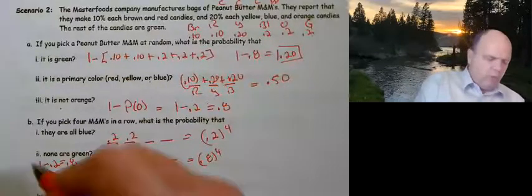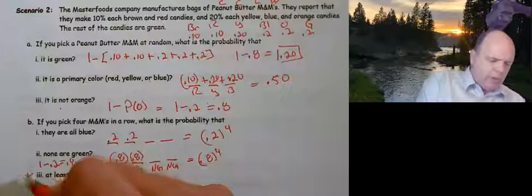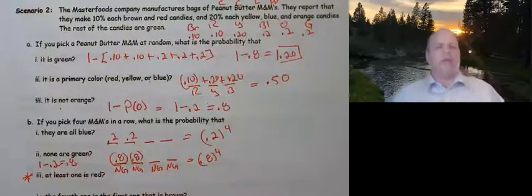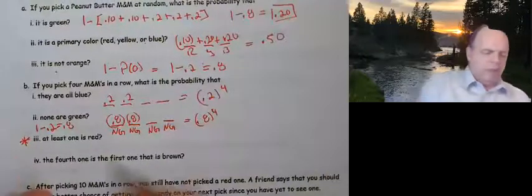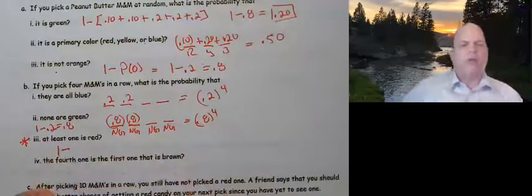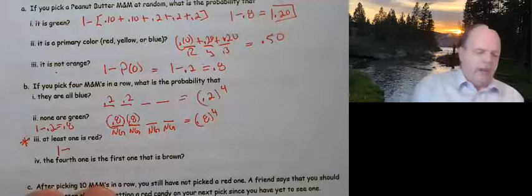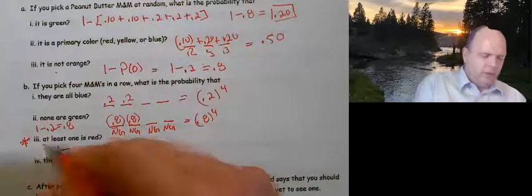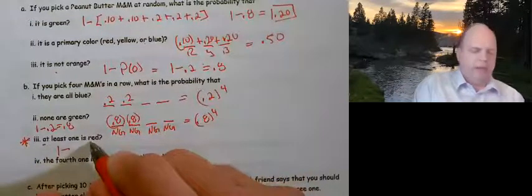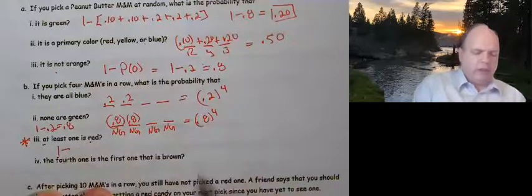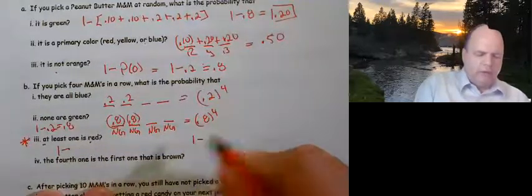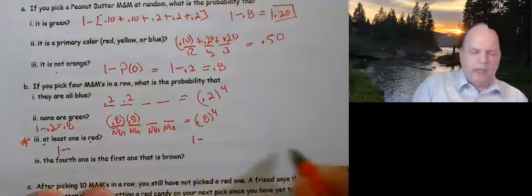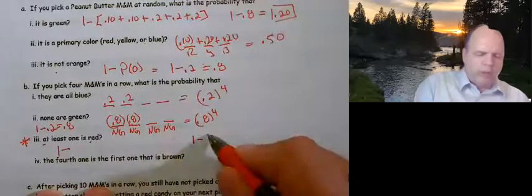At least one is red. Oh, here we go. There's our favorite at least phrase. So at least one. And once again, this is a 1 minus. All right. And since they asked for red, we want everything but red. All right. So 1 minus not red, not red, not red, not red. Well, what's the probability of not red?